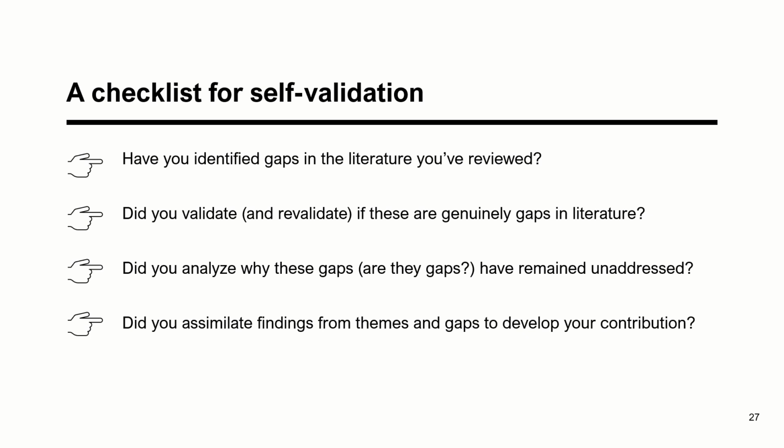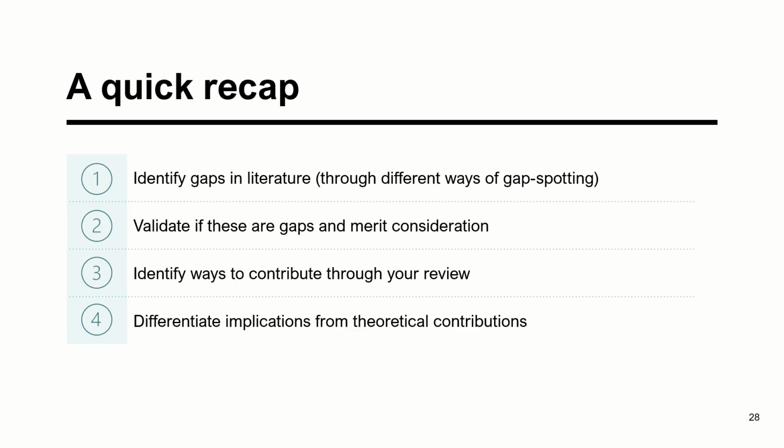Is that something that has been overlooked? And so on. And have you been able to leverage some of these gaps and the themes that you've developed to make a significant contribution? Overall, when you've done this, you've managed to get to a stage where you have made a significant contribution through your review.